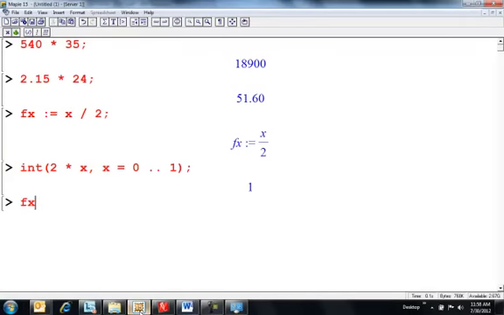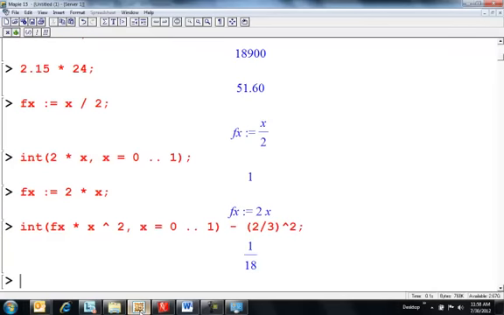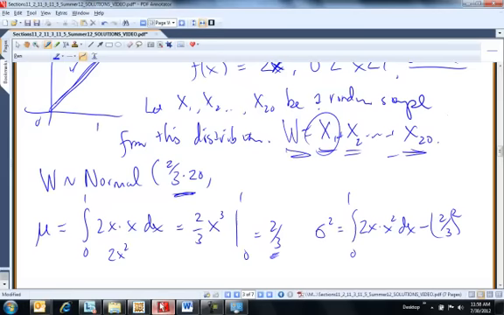So let's say f of x is equal to 2 times x. Integrate f of x times x squared from x equals 0 to 1, minus 2/3 squared. What is this? 1/18. Okay, nicely. Let's go back here. So the variance of one of them is 1/18.